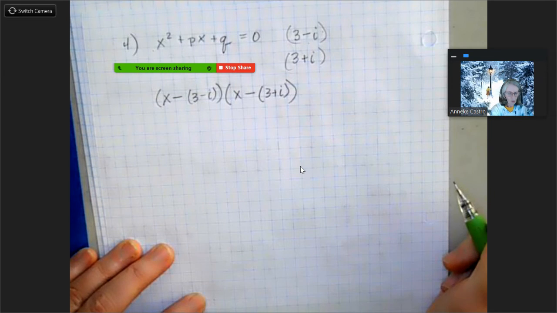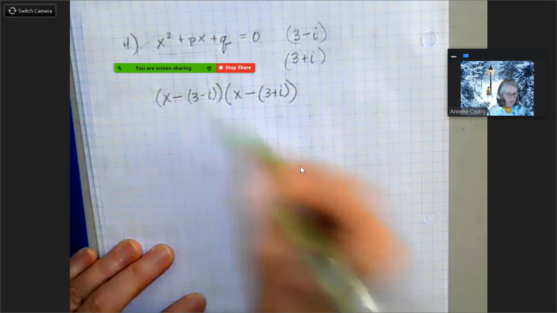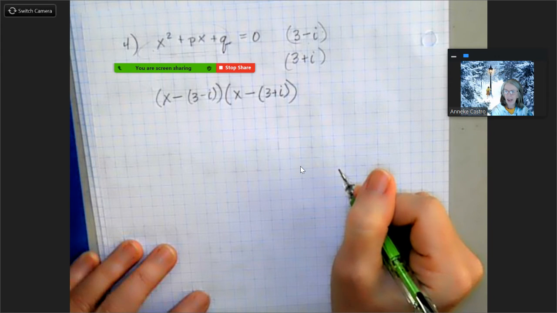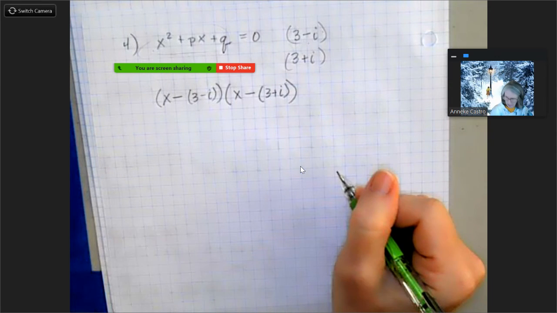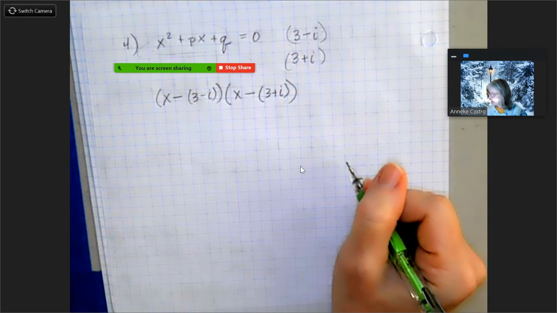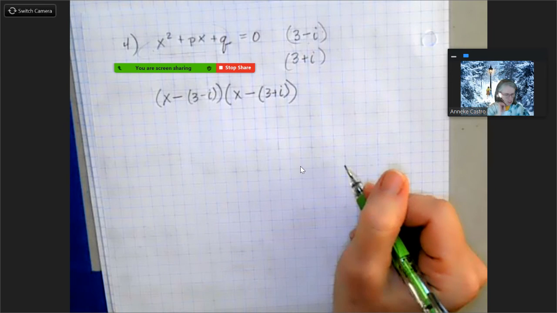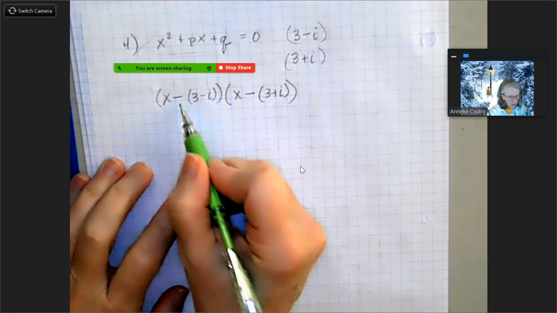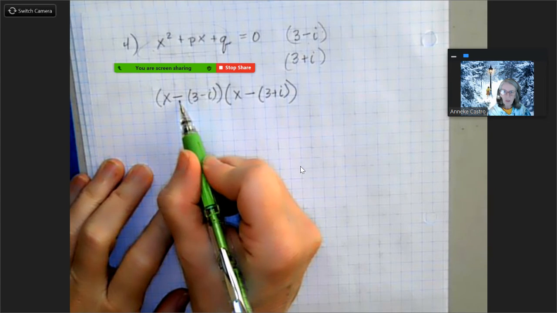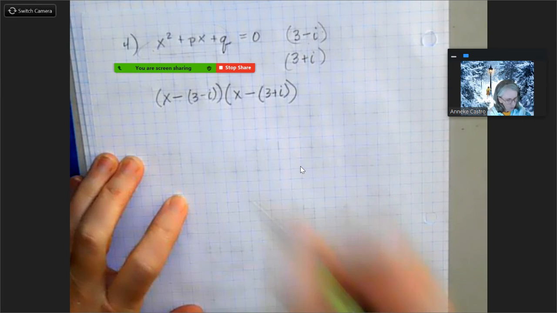And now, in order to figure out what this is, I can just multiply this all out, and then I will be left with my p and my q. There's a couple ways you could do it. You could distribute the minus sign first and then multiply it out, but I'm going to just go ahead and multiply it out.